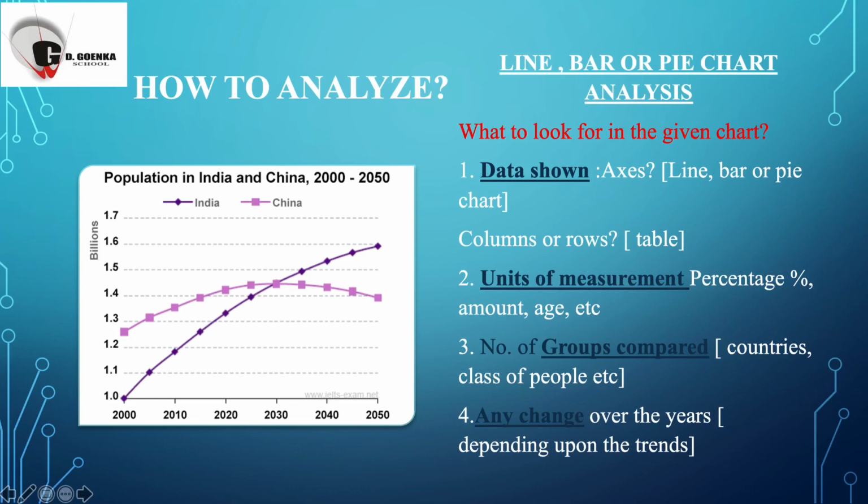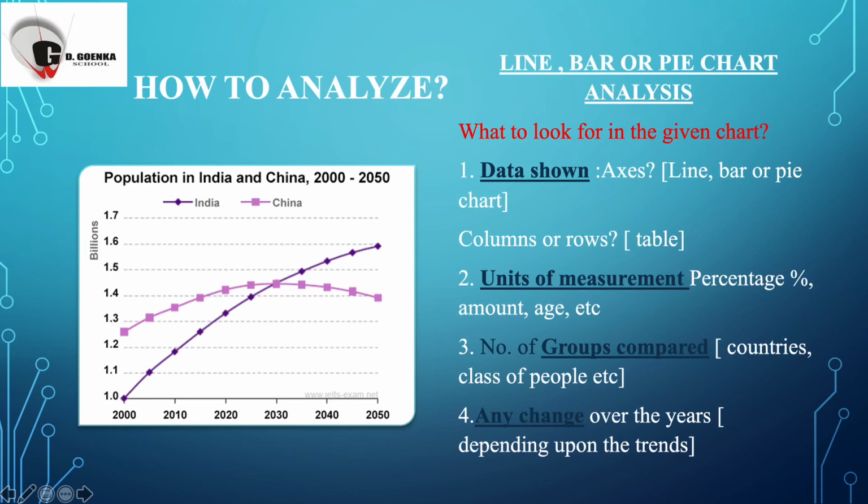Next is, does it show any change over time, or is there any growth or change etc. So you need to analyze this line graph again and check whether there are any changes in terms of the population of these 2 countries. So after analyzing it properly and understanding it, you can write that yes, between 2000 and 2010, there has been a 0.2 billion rise in the number of Indian citizens.